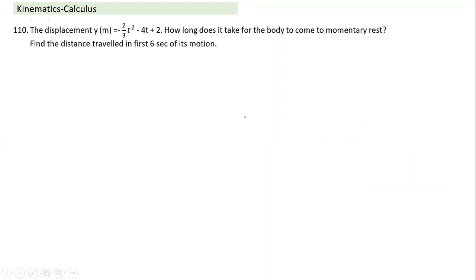This is what is given here. Next question. The moment it comes to distance traveled, I expect all of you to solve this question slowly on your own and give me the answer. How long does it take to come to momentary rest? To come to momentary rest, I need to find the velocity.